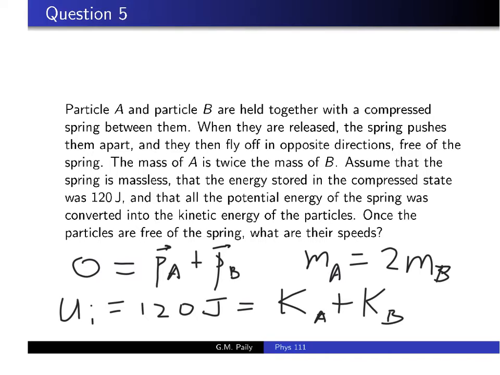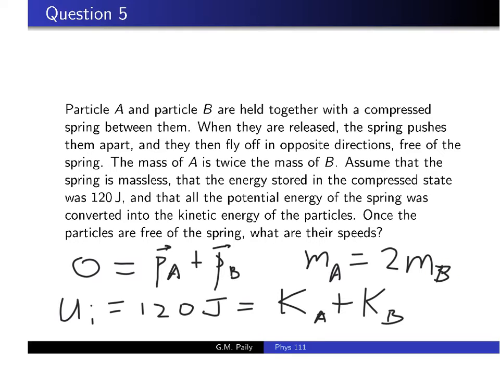Since this problem involves both kinetic energy and momentum, it is useful to look at the relationship between them. Before we go on with that though, let me add one more piece of information. As you can see, we currently have four unknowns, which are PA, PB, MA, and MB.